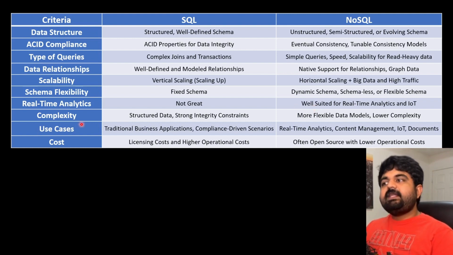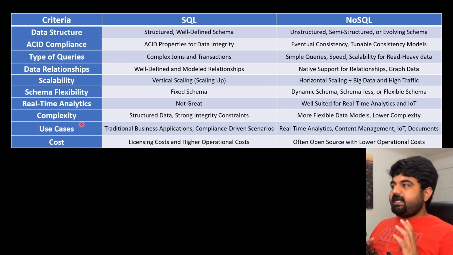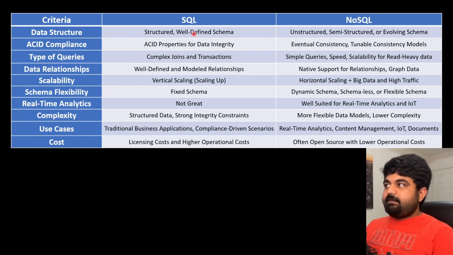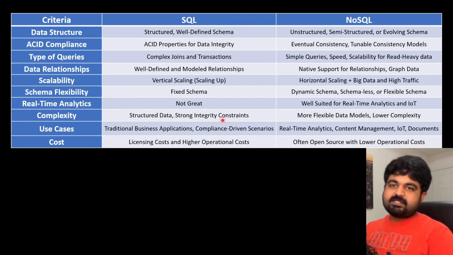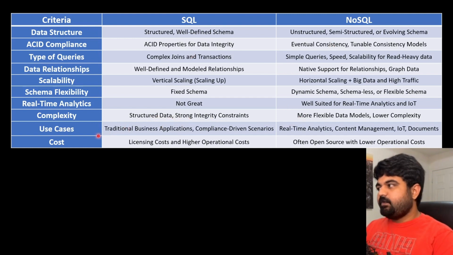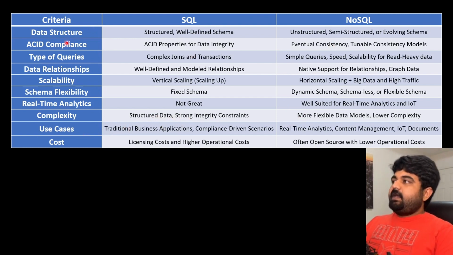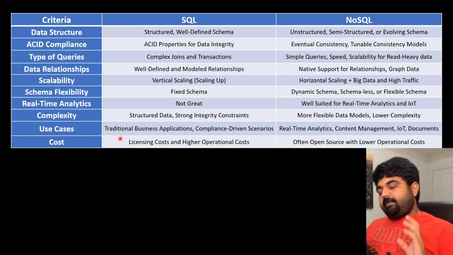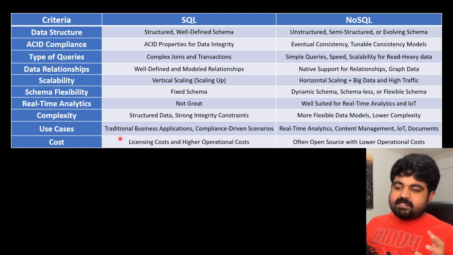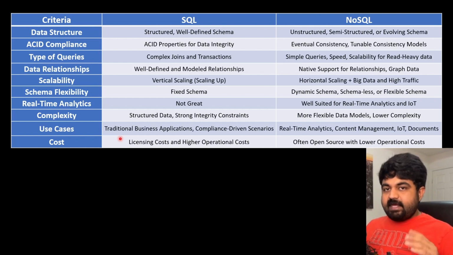And whenever we are dealing with the complexity of the data, typically SQL databases are going to have structured data with strong integrity constraints, and NoSQL is completely opposite to it, with a lower level of complexity. SQL databases are really good whenever you are doing complex transactions like business applications, or where data consistency is paramount and the data is structured.